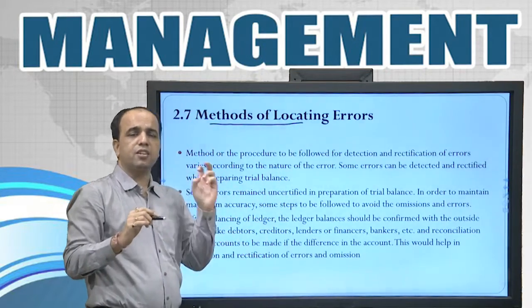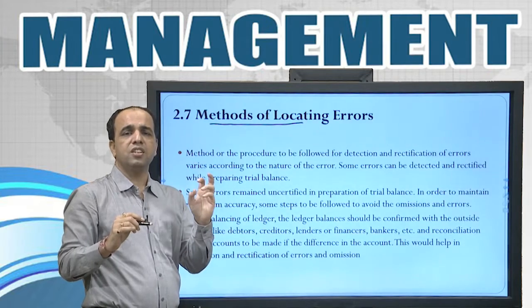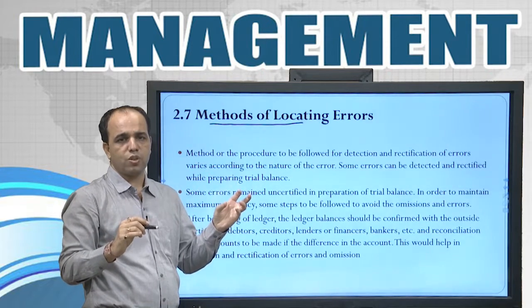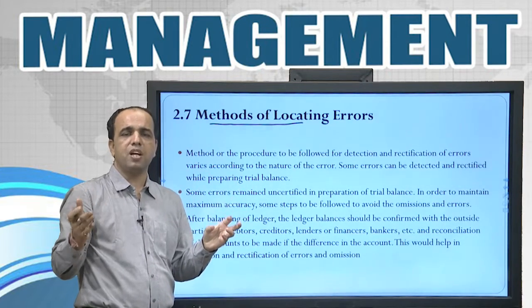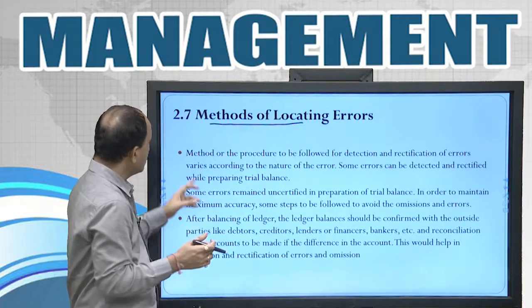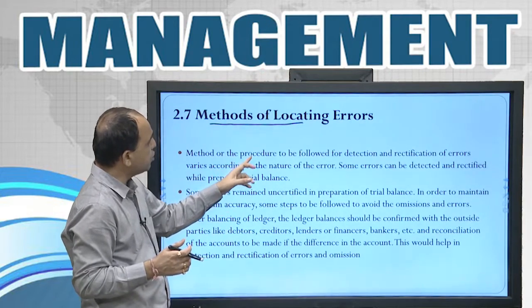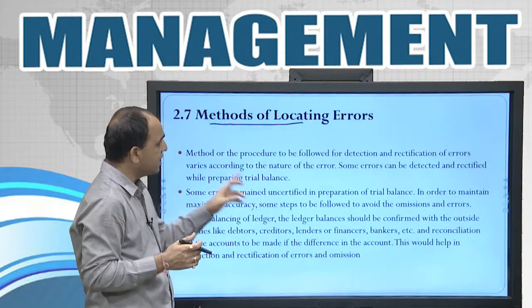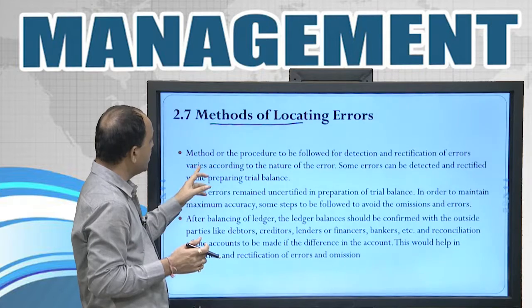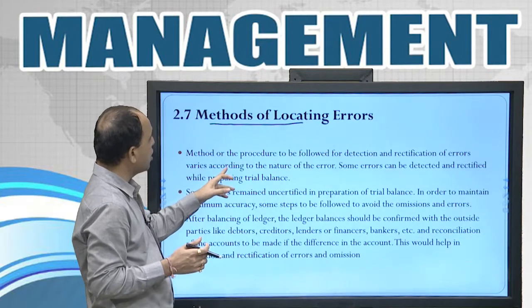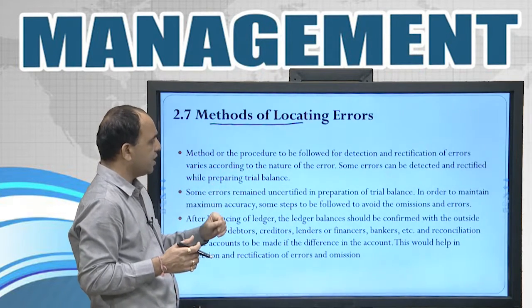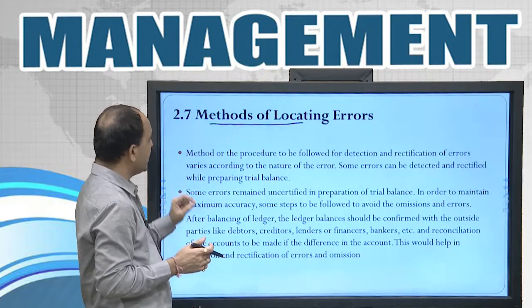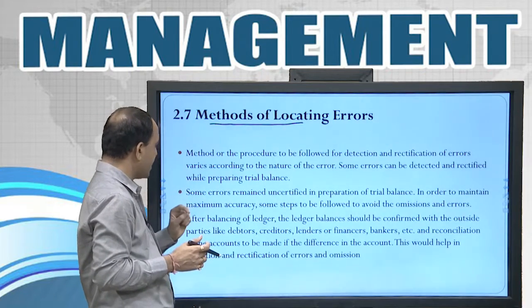As I said, some errors do not allow trial balance to agree, some errors may allow trial balance to agree, right? So the methods or procedure to be followed for detection and rectification of errors vary according to the nature of the error. Some errors can be detected and rectified while preparing trial balance.